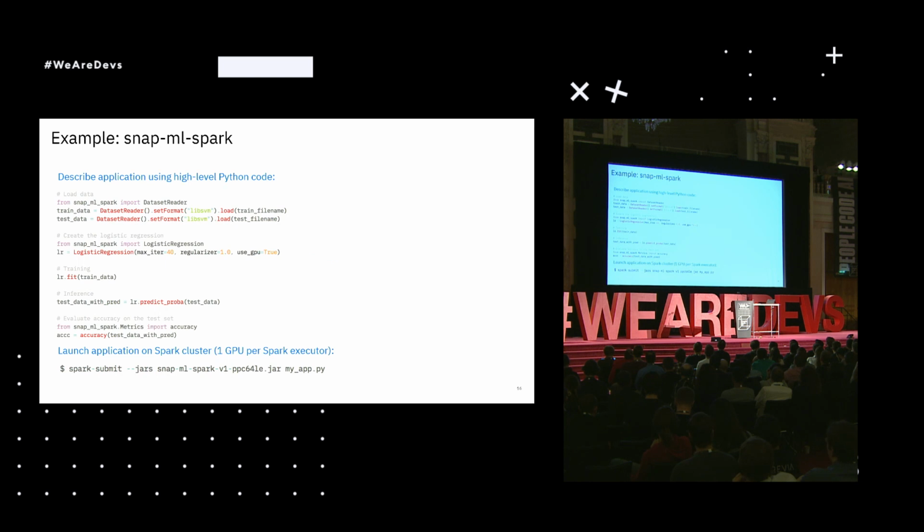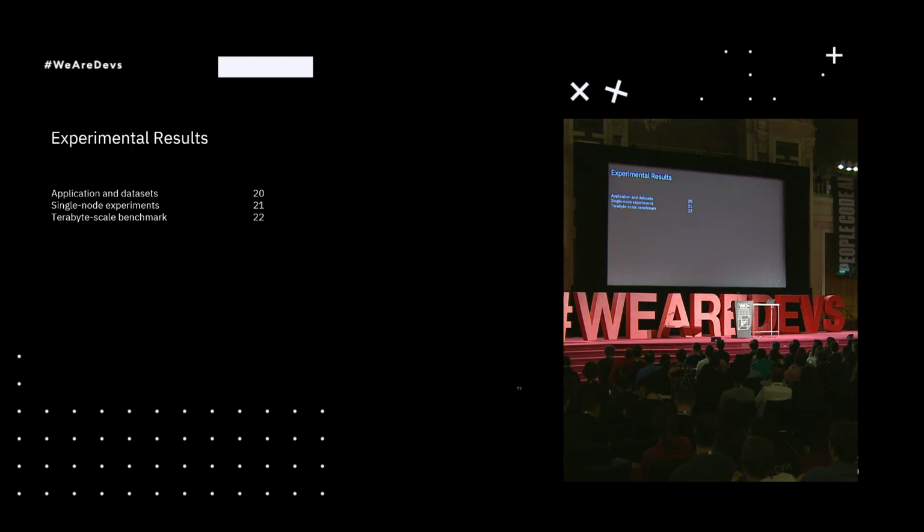And finally, the Spark API. Again, this very much looks and feels like PySpark. It's again high-level Python code, and you launch an application using spark-submit. So the APIs have been designed so that they are very much consumable and very much adapted to what people are used to doing today. However, the user will typically get a significant acceleration by doing this small change in the code.